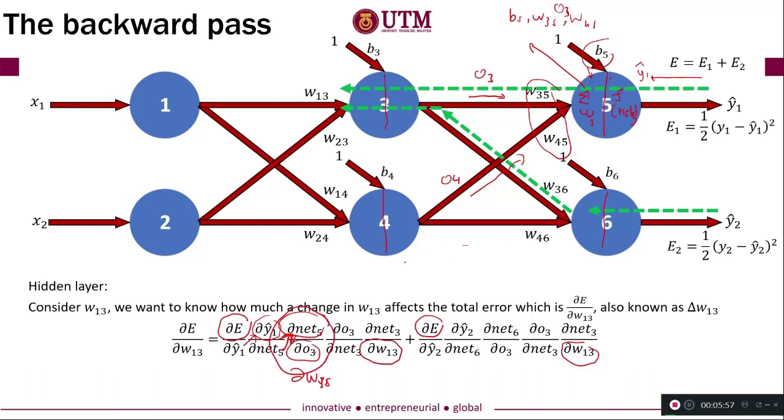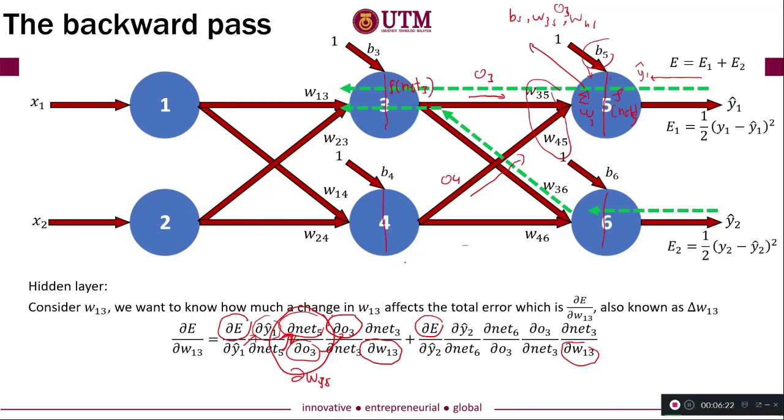Then you can continue your chain rule with del O3, and O3 is related to this activation function f, whose input is net 3.